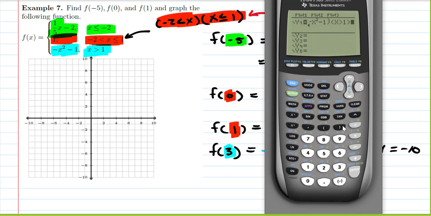And I close my parentheses. Finally, I've got my green, my red, and my blue. So I do graph. And we get something that looks like this.